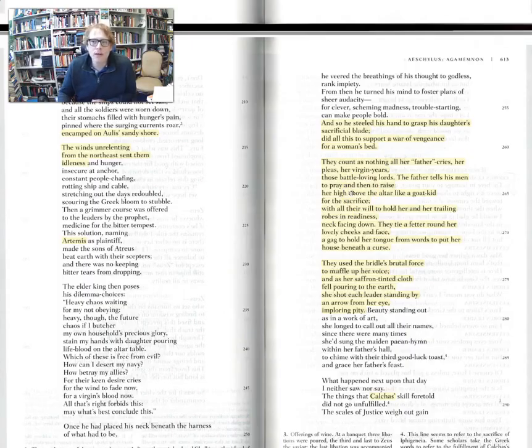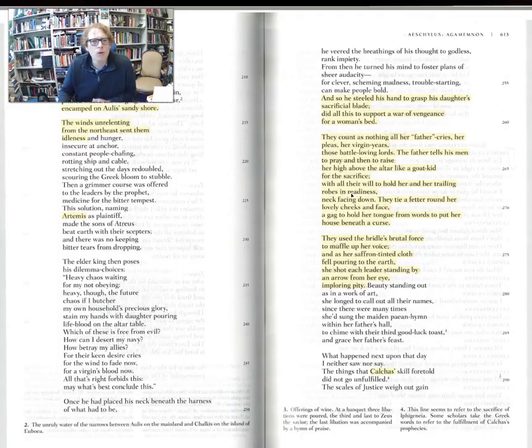And the question becomes, why would Artemis, a goddess who protects young animals and young girls, want Iphigenia sacrificed? And I don't know if there's an easy answer to that question, but I think the answer is that Artemis wants Agamemnon to understand the pain he's going to inflict in Troy on other people.